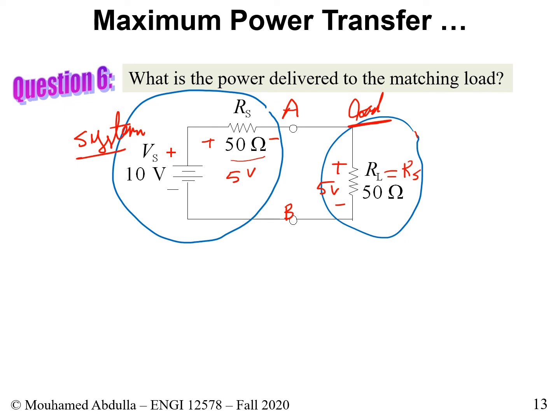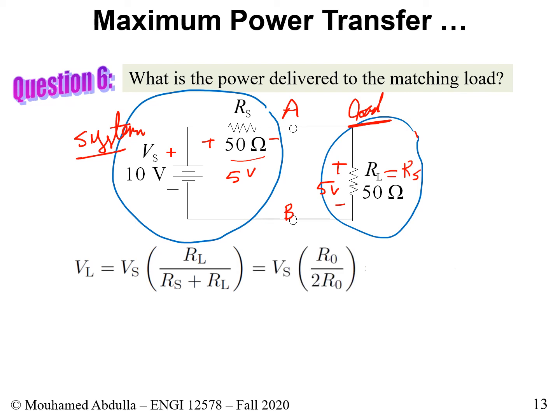So we could just use Watt's law to compute the power at the load. In fact, you don't need to use the voltage divider rule. Just from inspection, because the resistances are equal, it's like a pizza. This guy will eat half of the pizza, the other guy will eat the remaining half. We expect this to be 5 volts, but you could use the voltage divider rule to find out that it is indeed 5 volts.